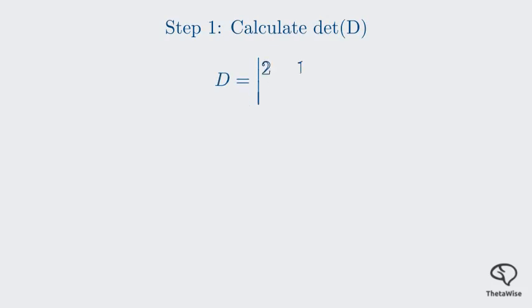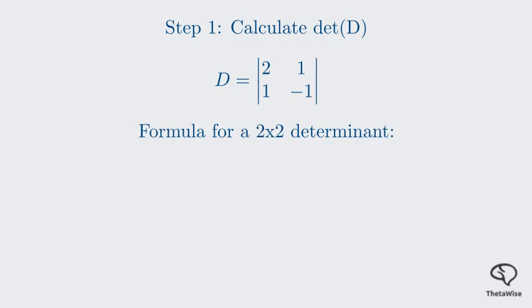Our first step is to calculate the determinant D of the coefficient matrix. Remember, the coefficient matrix is formed by the numbers in front of x and y in our original equations. We need to find the determinant of the matrix containing 2, 1, 1, and -1. The formula for a 2x2 determinant is the product of the main diagonal elements minus the product of the anti-diagonal elements.